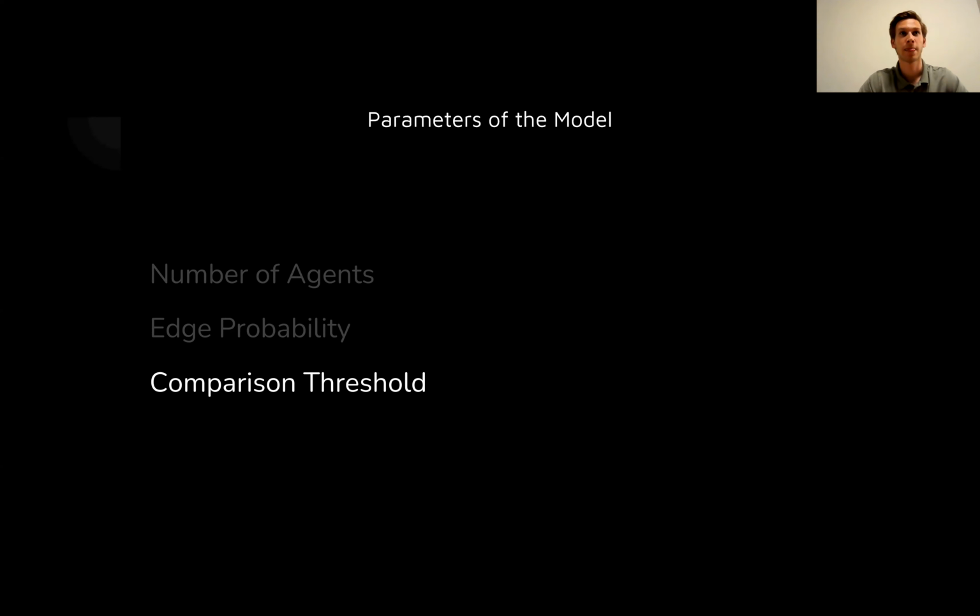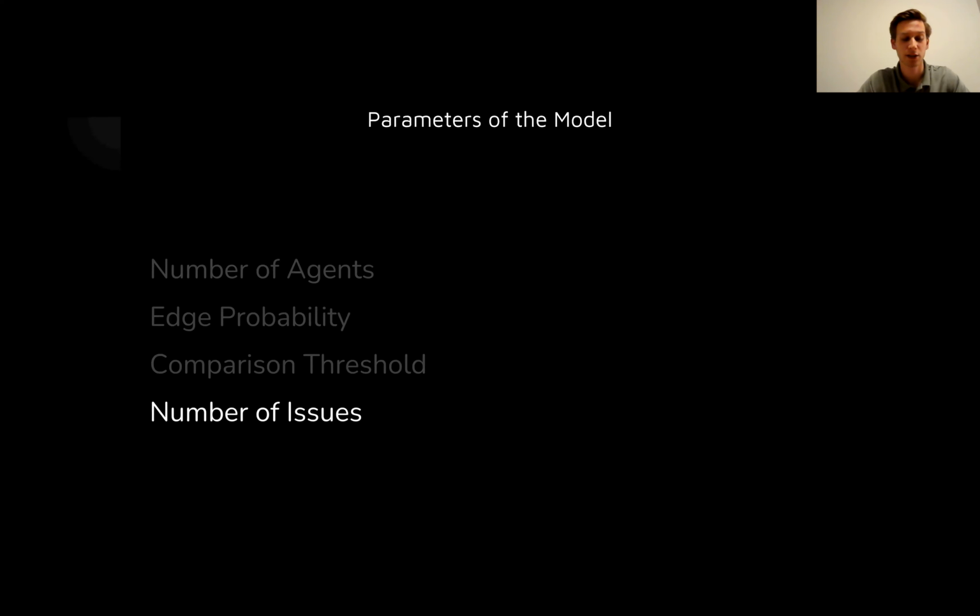So for our model, the comparison threshold was defined as the threshold in how similar an opinion of one agent needed to be to another agent in order for persuasion to take place between those two agents. And a persuasion is basically one agent changing their opinion.